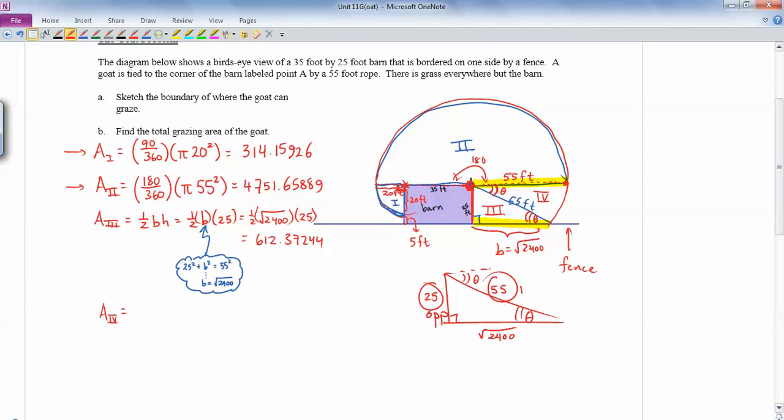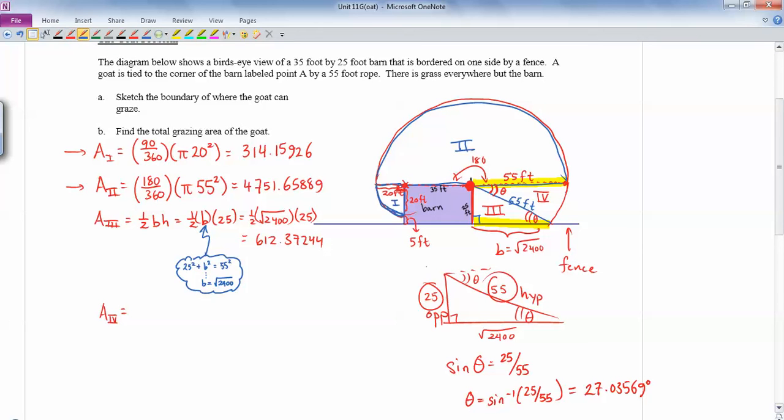This is opposite. This is hypotenuse. So not tan, sorry. Sine theta is going to be 25 over 55. So theta will be sine inverse of that. And if you type this in degree mode on your calculator, you'll end up with theta being 27.03569 degrees.